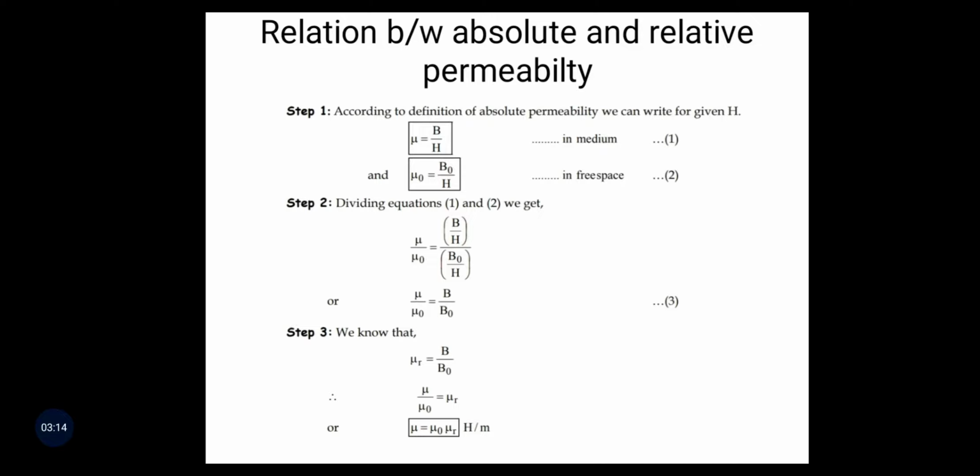Mu r equals B by B naught. Then mu by mu naught equals mu r. Mu equals mu naught into mu r Henry per meter.